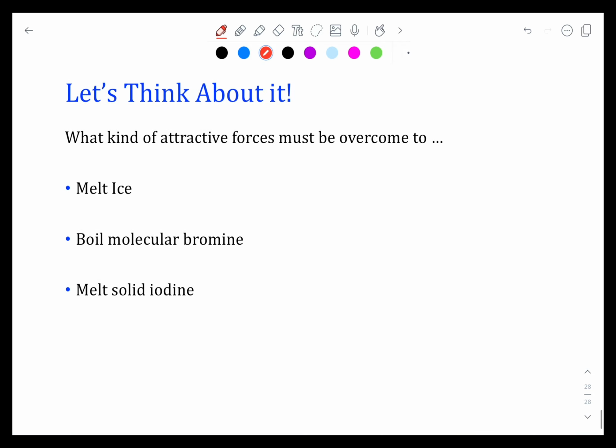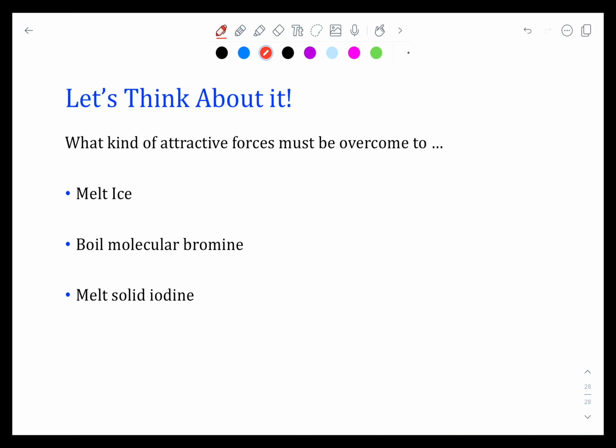For our last set of practice here, I want us to think about intermolecular forces and attractive forces and how we see them in our everyday life. So what kind of attractive forces or intermolecular forces do we have to overcome to do the following? If we want to melt ice, if we want to go from a solid to a liquid, so H2O, what type of intermolecular forces do we have to overcome in order to melt ice?